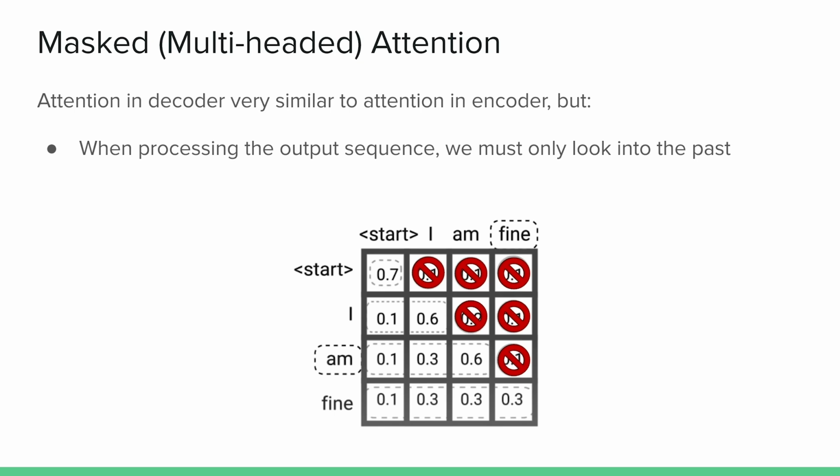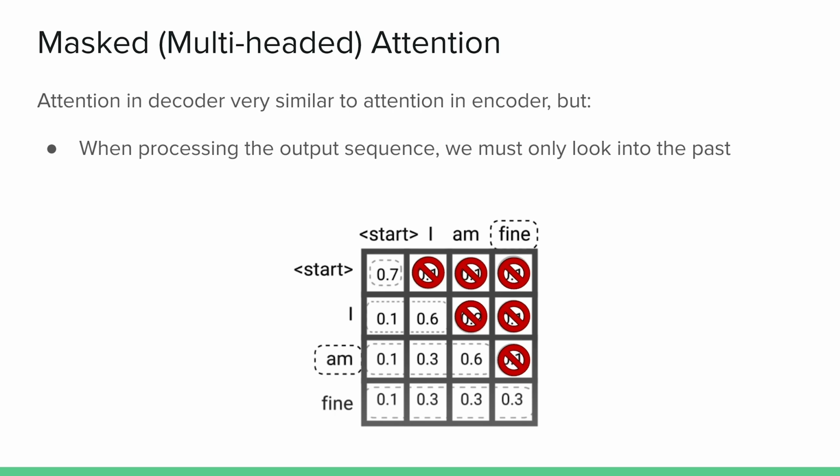The problem is now that we're producing outputs, and for training we have already the output sequence that should be produced. If we feed the network all of the information of the target output representation as input, it will just learn to point to the next word in our sequence.